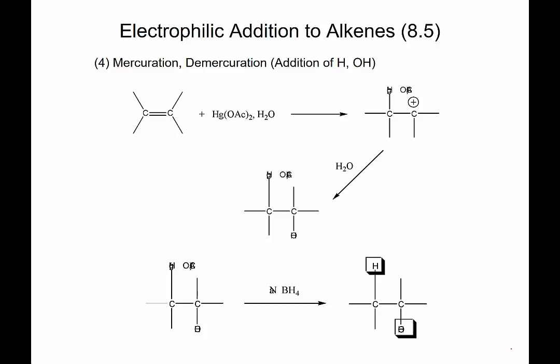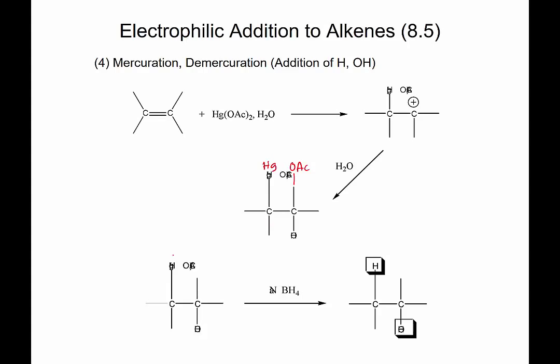So let's talk about another way to add H and OH. This is called oxymercuration, demercuration. Sadly, these notes are kind of messed up. That should be an Hg, that should be an O acetate, that's attached there.